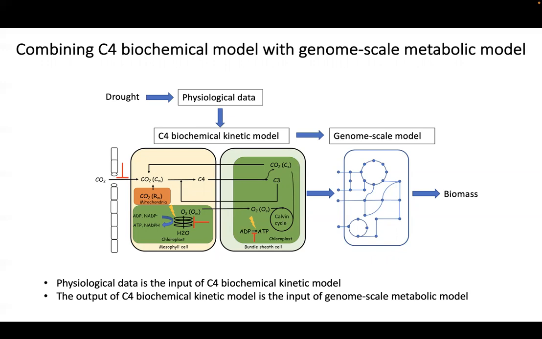We use this output of the C4 biochemical kinetic model as the input of the genome-scale metabolic model to constrain the key reactions of photosynthesis, and the output is the biomass and the reaction flux of this metabolic network.